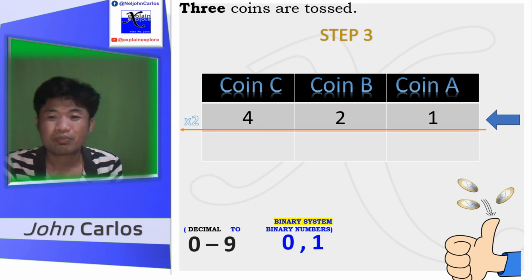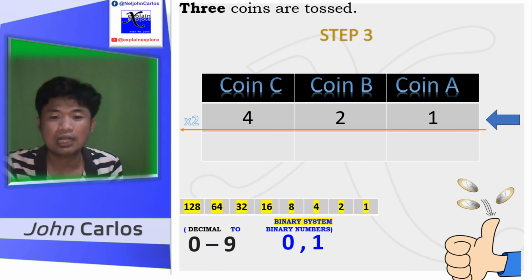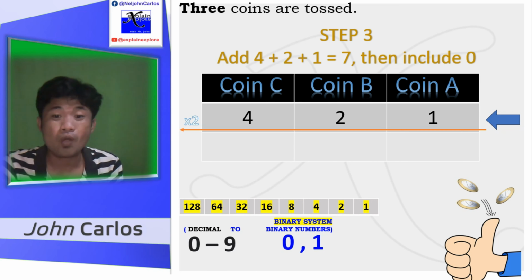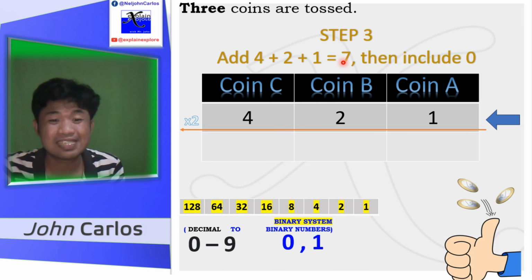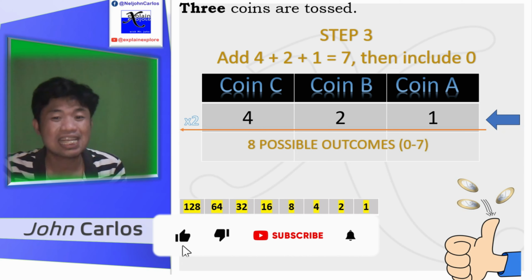Step 3, after we have 1, 2, and 4, we add all the numbers. 4 plus 2 plus 1 equals 7. And we have to include 0. So meaning, we now have 0 to 7. That is 8 possible outcomes.